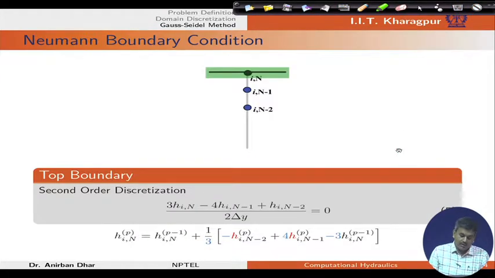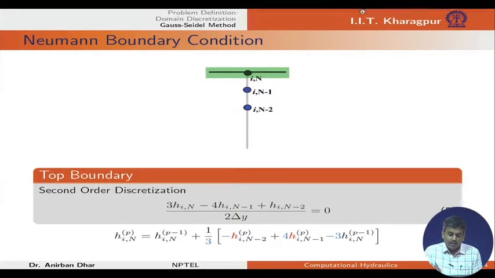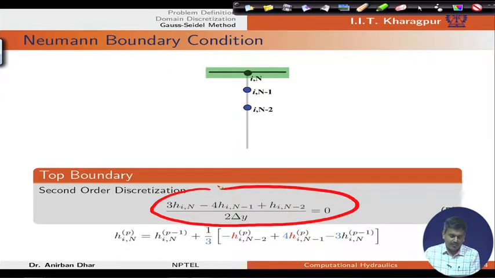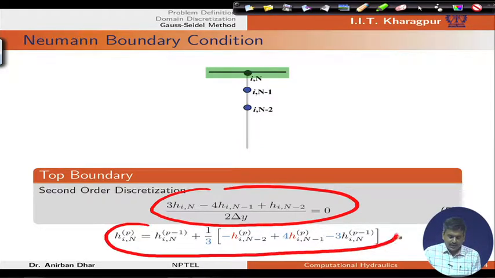So, for the Neumann boundary, which is the top boundary, this was the condition in terms of 2 index. Still we are using the 2 index approach, but we can use this kind of simplification, because we are dividing by 3.